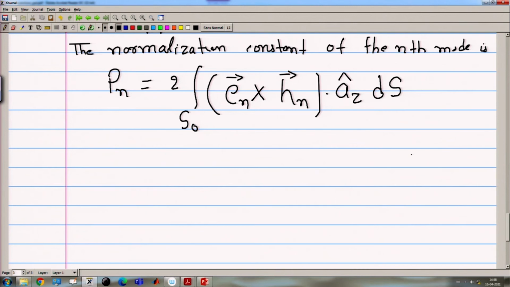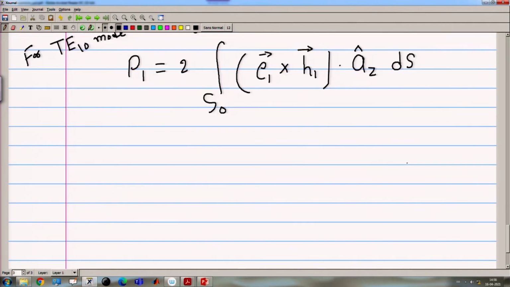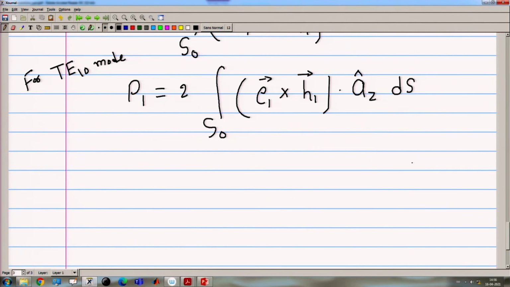And for the TE10 mode, this will be P1 equal to 2 upon S naught integral of E1 cross H1 dot Az ds, where n is replaced with 1. After this we can substitute the values of E1 and H1.